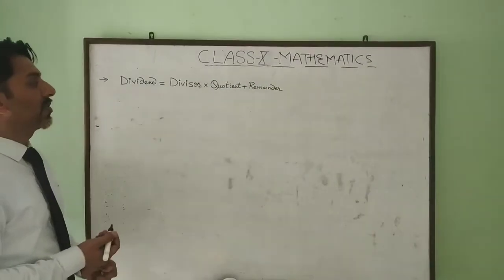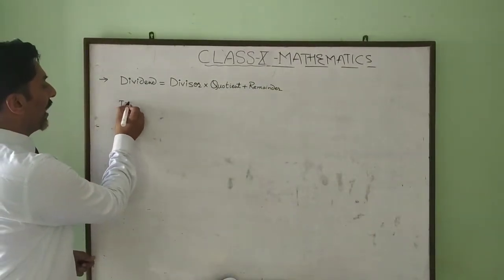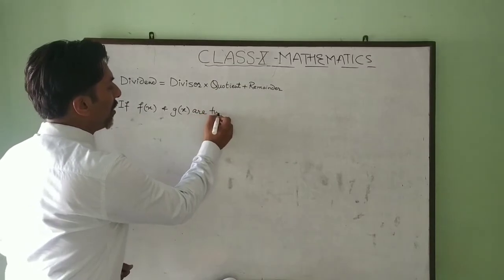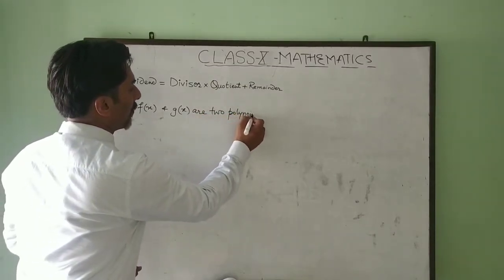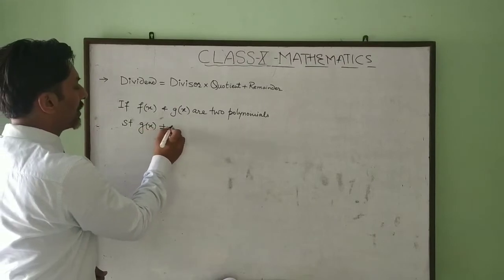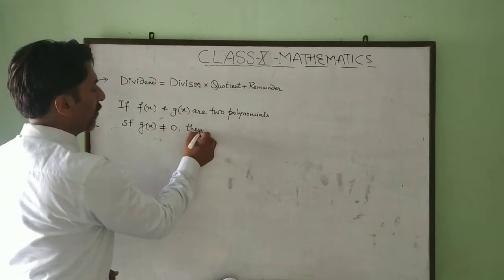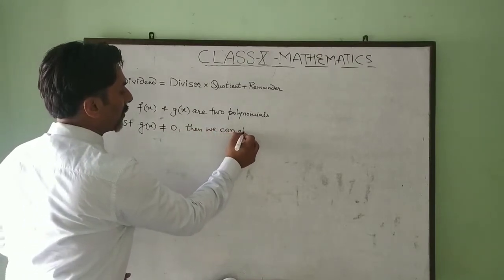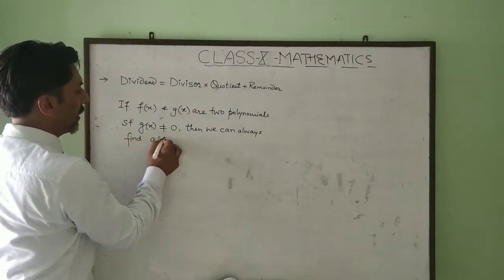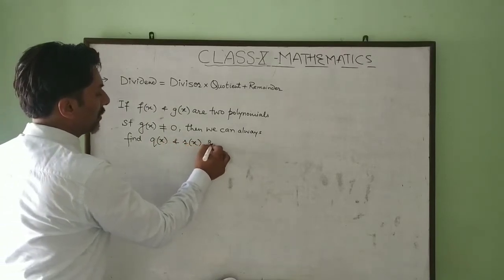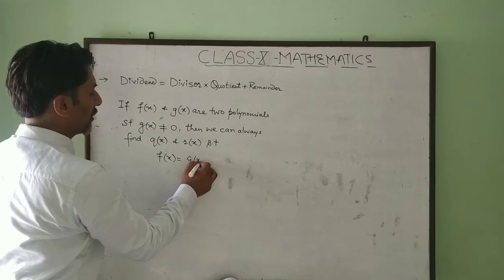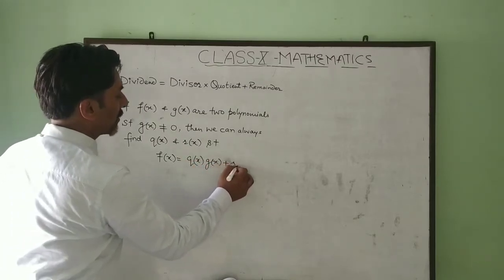Now we can define it in terms of polynomials in this way: if f(x) and g(x) are two polynomials such that g(x) is not equal to 0, then we can always find q(x) and r(x) such that f(x) equals q(x) into g(x) plus r(x).